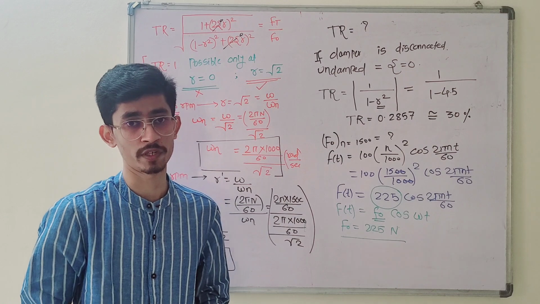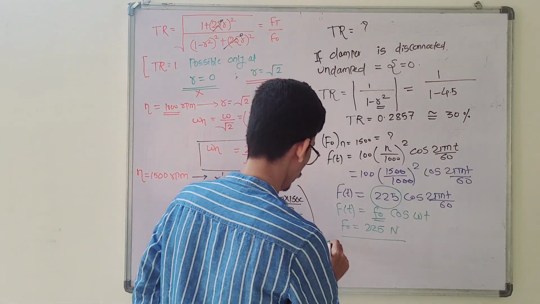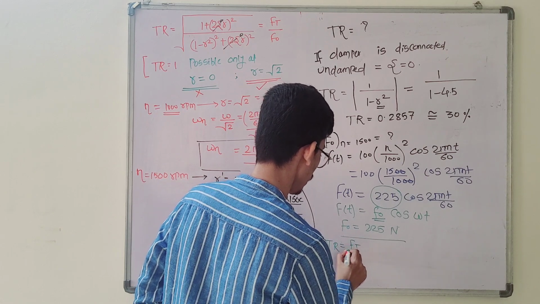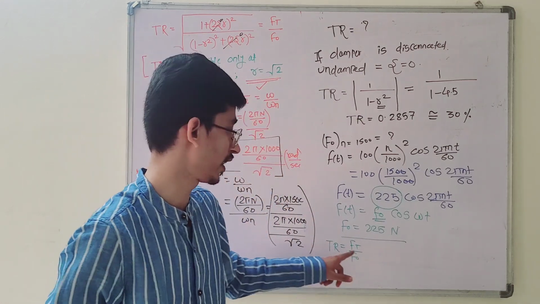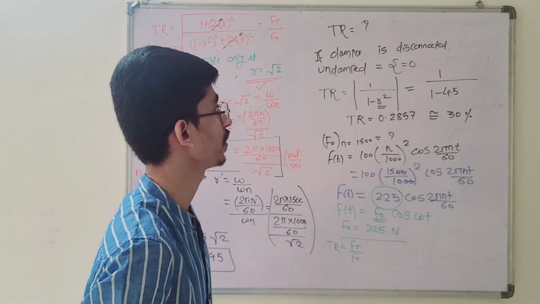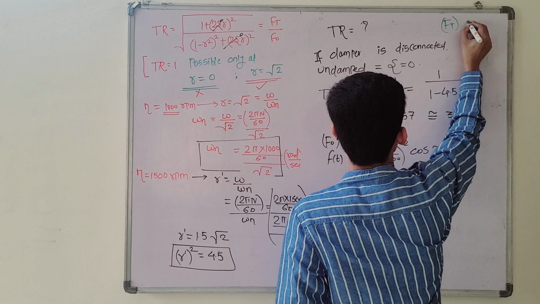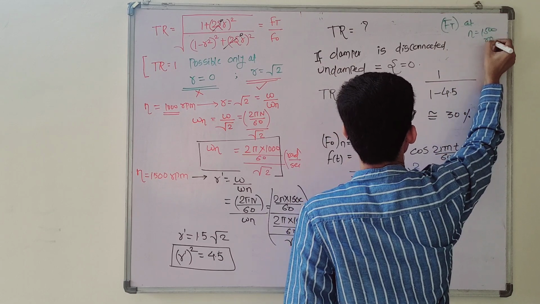But they are asking us what is the force that is transmitted at 1500 rpm. That we need to find out. The ultimate aim is, what is the transmitted force at n equal to 1500 rpm?